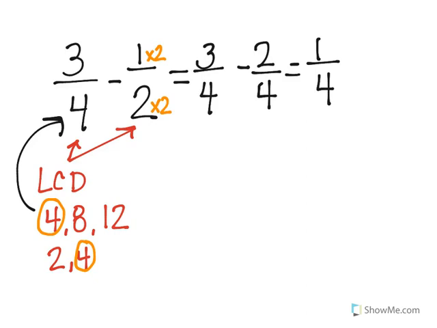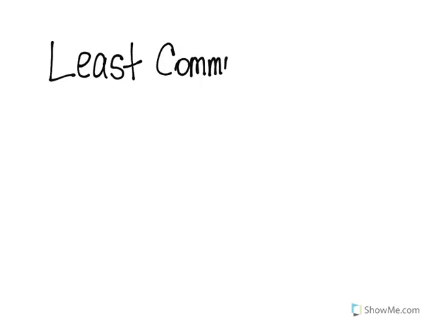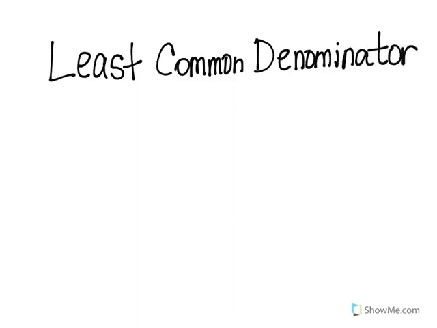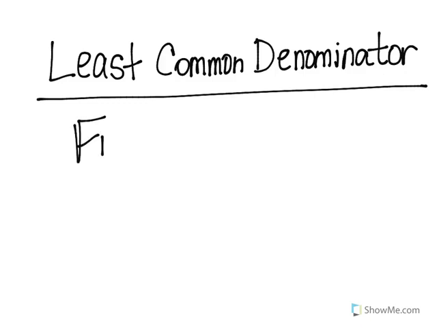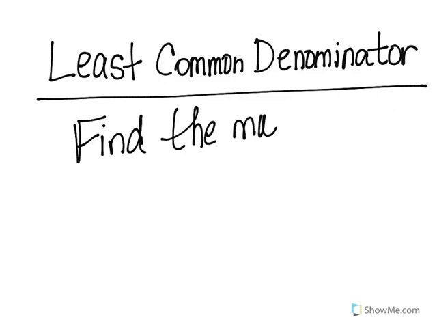All right, guys, so just a couple of reminders. Least common denominator. We're going to look at that bottom number on the fraction. The denominator. All right, so least common denominator, you are going to find the multiple that they have in common.